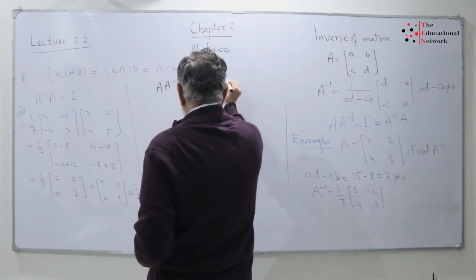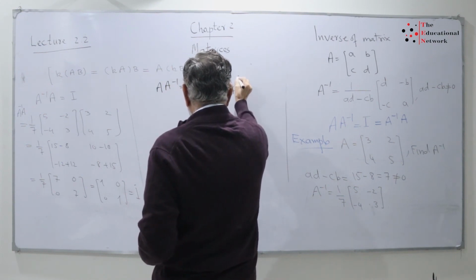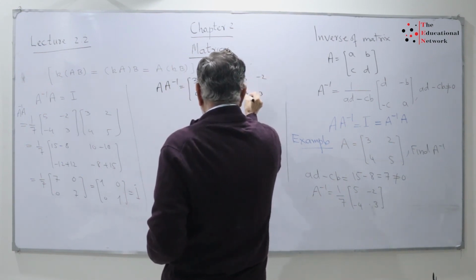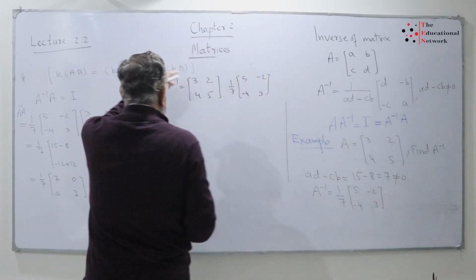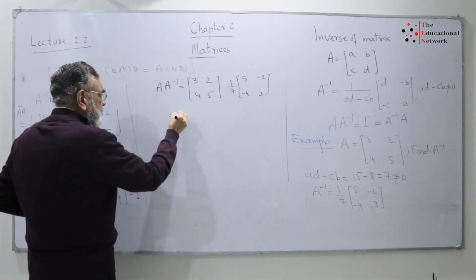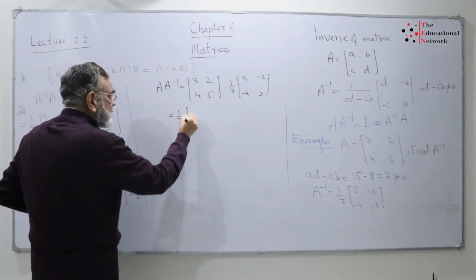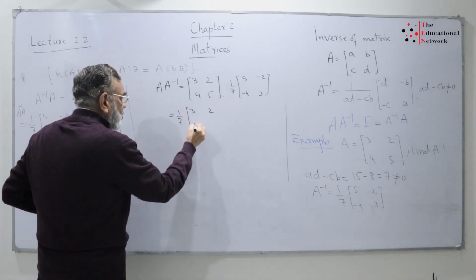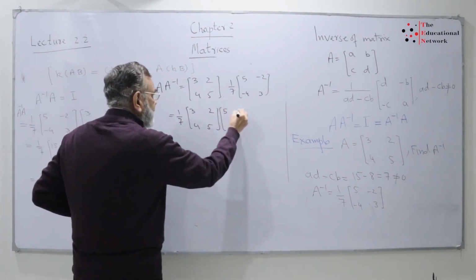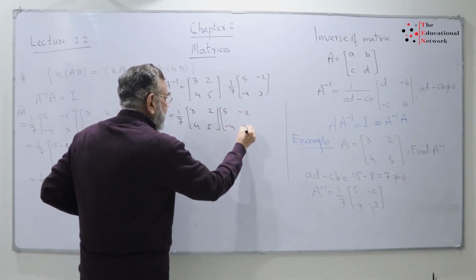And my A inverse is 1 upon 7, with 5, minus 2, minus 4, and 3. As we say, K is just a scalar, we can write it anywhere we like. We write it outside, we get 1 upon 7. I'm having here 3, 2, 4, 5, multiplied by 5, minus 2, minus 4 and 3.